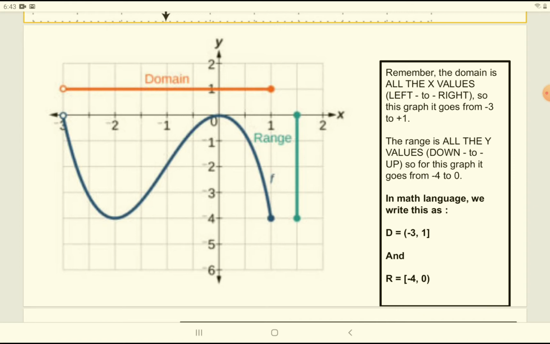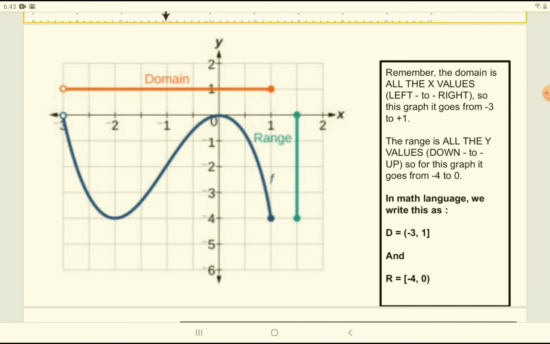Remember, the domain is all the x values from left to right. It's very important: left always goes first. Left to right. So this graph goes from -3 to +1 for the domain. Okay? And then if you hop to the bottom, it says D equals parentheses -3, 1.